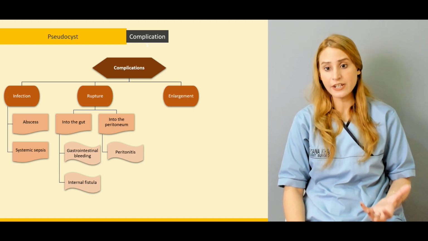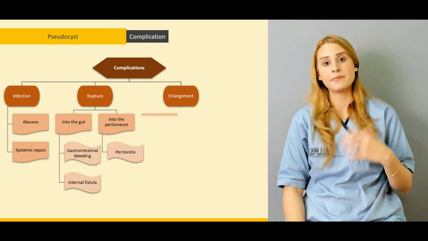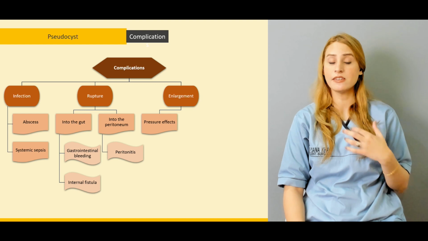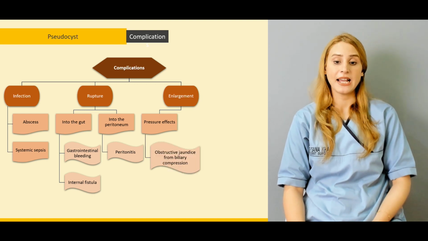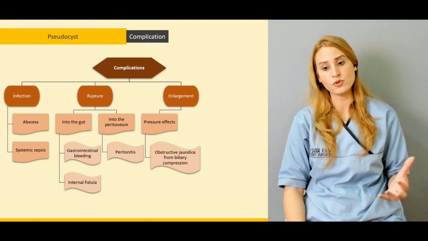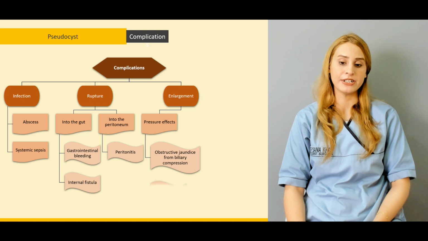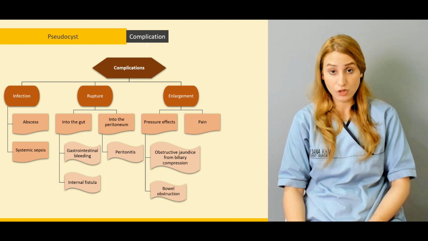Or there can be enlargement. And why can there be enlargement? Because if there's enlargement, that will indicate hemorrhage, and this enlargement would certainly cause a pressure effect. These pressure effects can ultimately develop obstructive jaundice because of biliary compression, and the patient can also develop bowel obstruction.